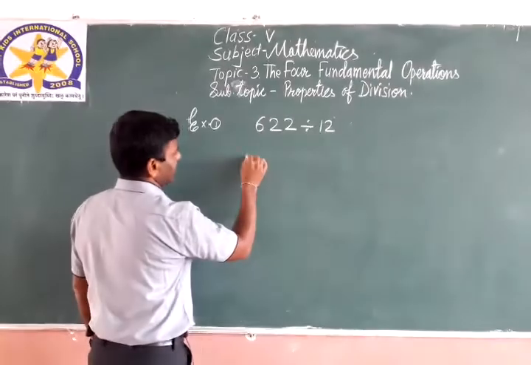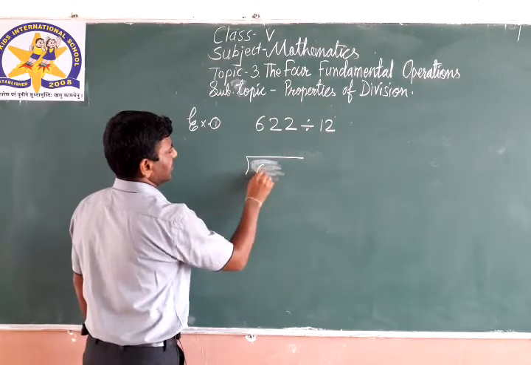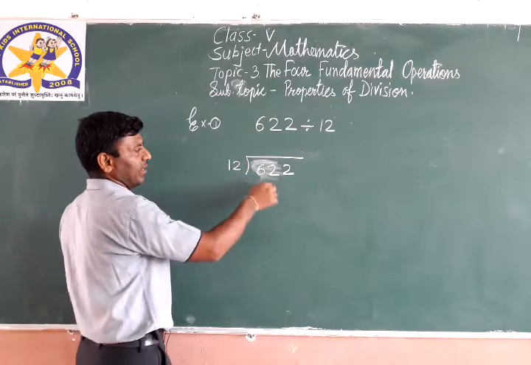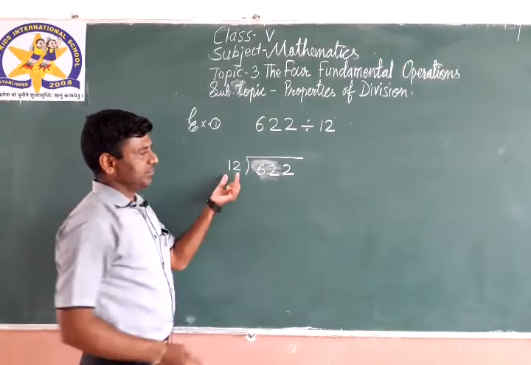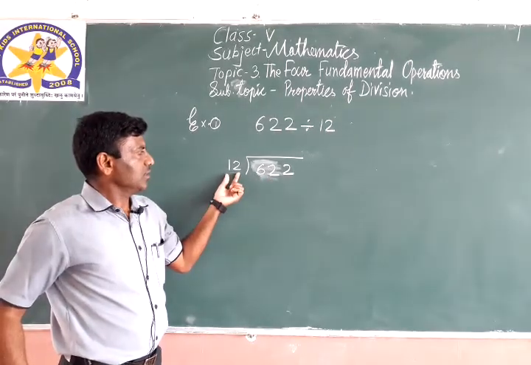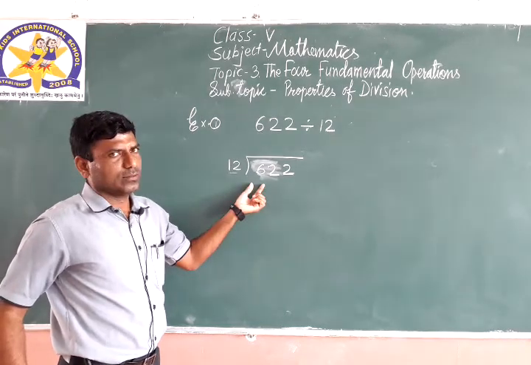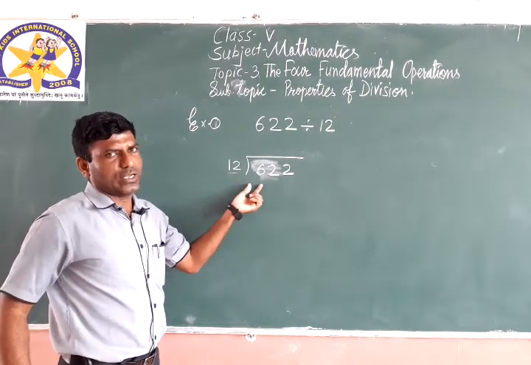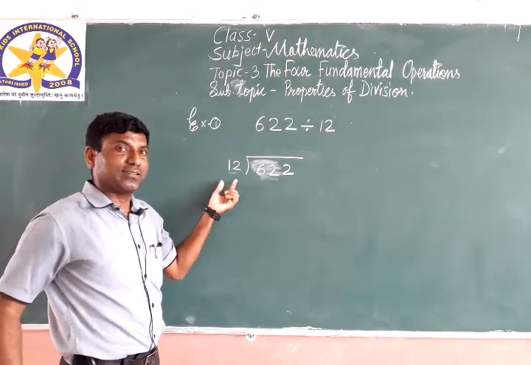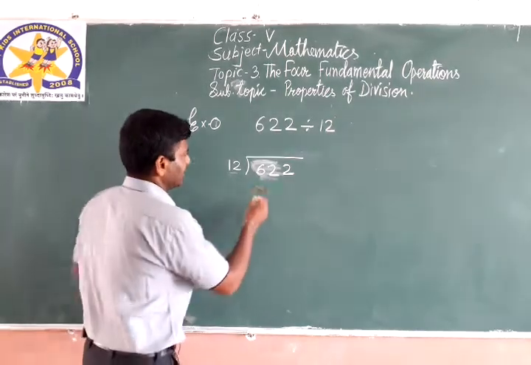Okay, how are we dividing? 622 divided by 12. 12 is a 2-digit number, so focus on 2 digits. 12 5s are 60, 12 6s are 72, which is bigger than this.